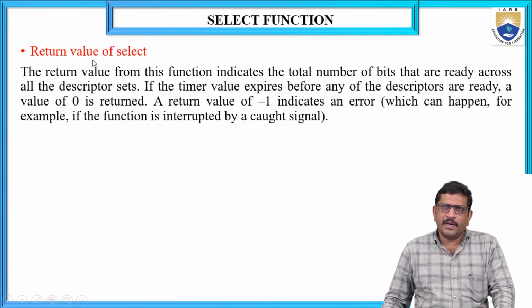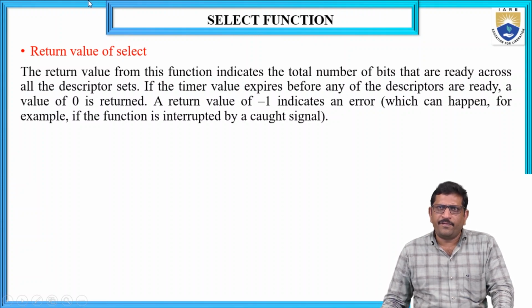The return value from this function indicates the total number of bits that are ready across all file descriptor sets. If the timer value expires before any of the descriptors are ready, a value of 0 is returned.